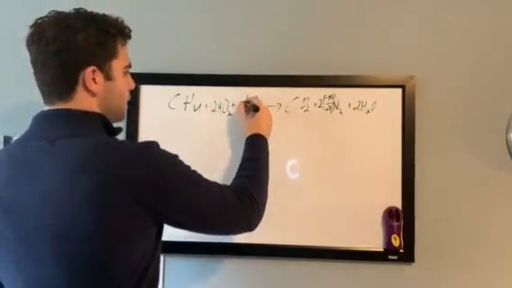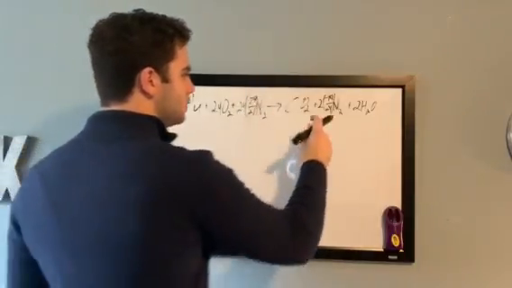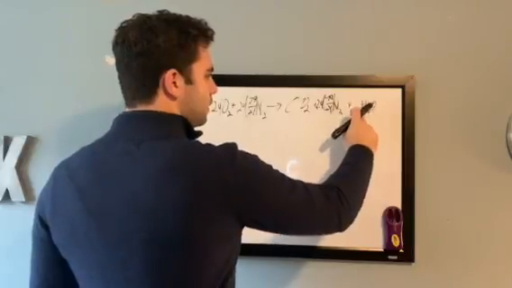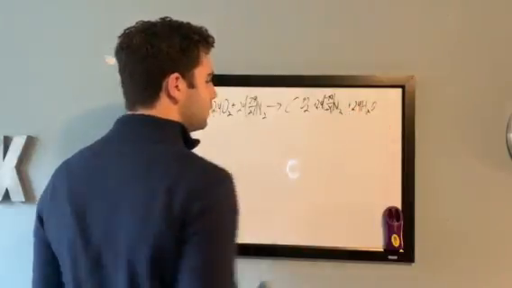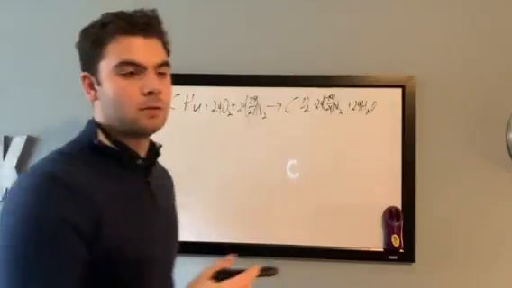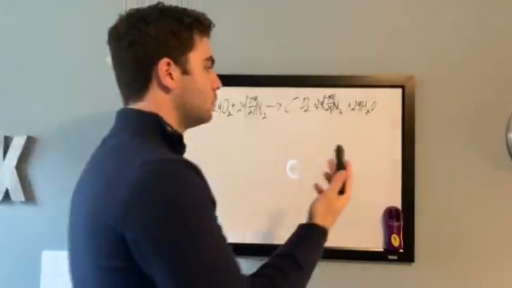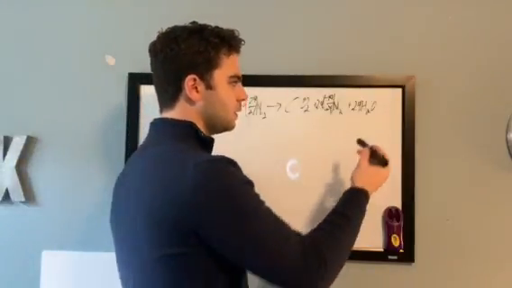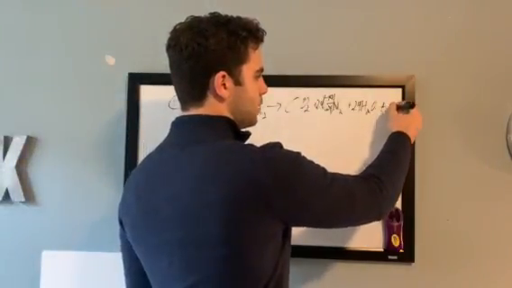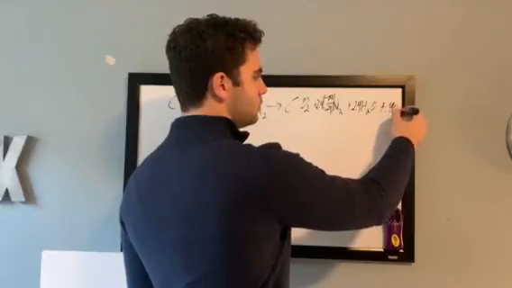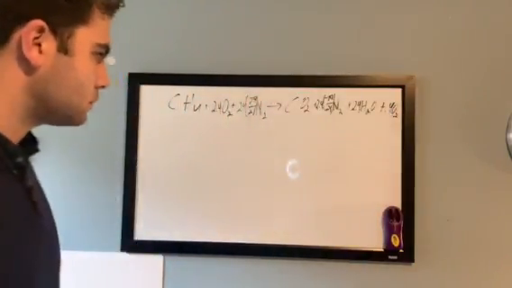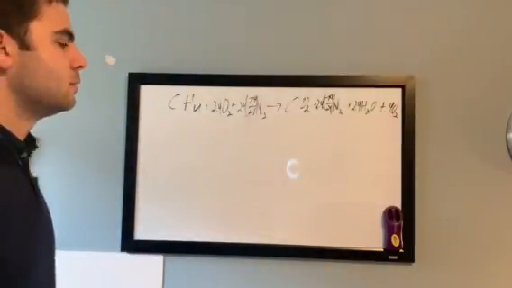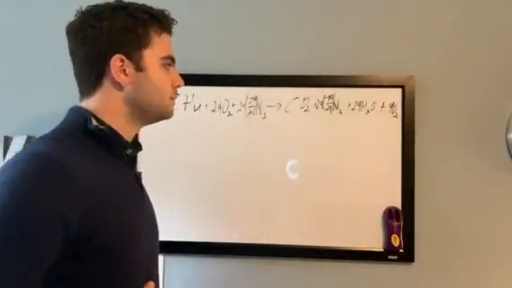It's going to happen to the nitrogen here, and then right here. And there's also going to be excess oxygen that comes out in the products. So we'll just have 0.4 moles of O2 over here. And there is our balanced equation with 20% excess oxygen.